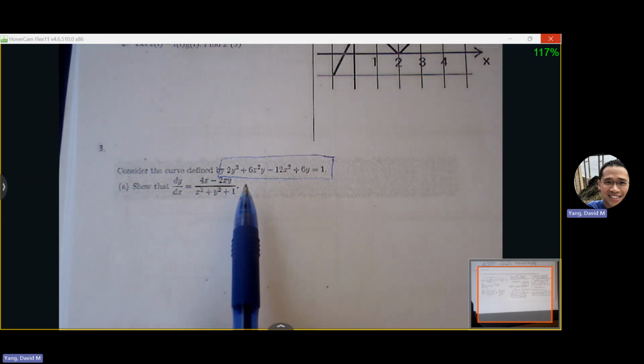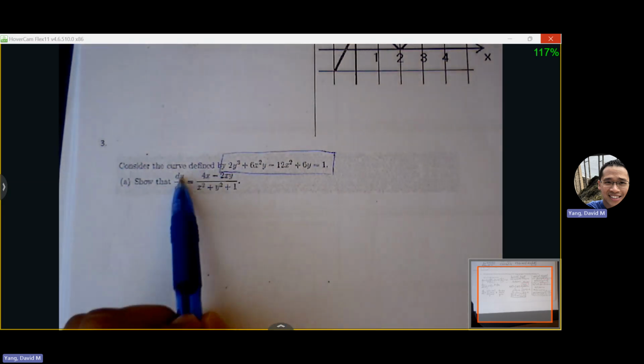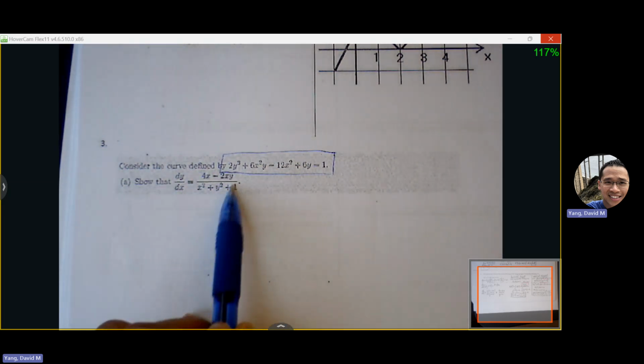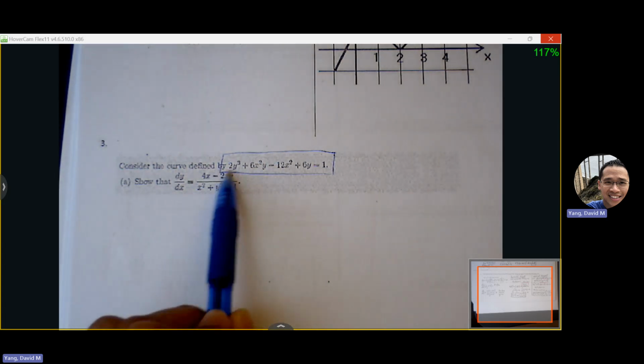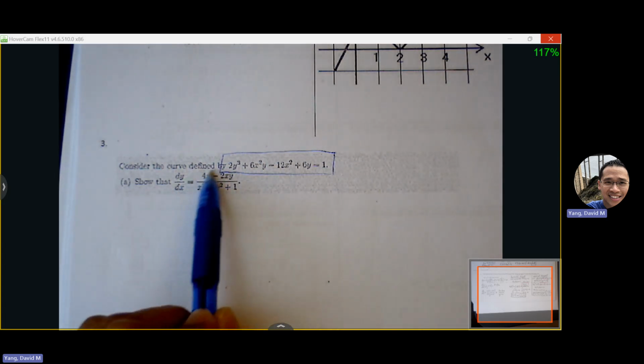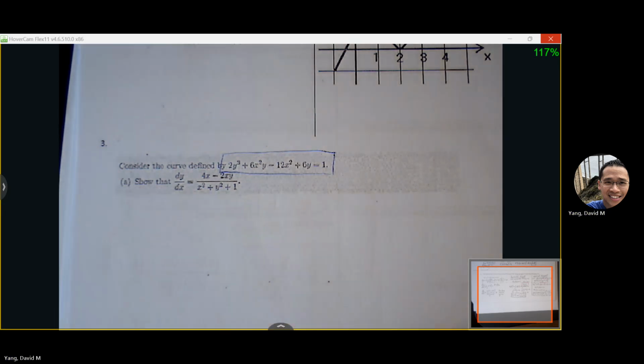Okay, what else do we have to involve here? Product rule. Yep, 6x squared y. There's definitely multiplication between variables. I have to go through product rule there. Okay, try that. And then your goal is to try to find this. This is your end goal. You're trying to get to this dy dx. So see if you can go through your steps and eventually work towards your goal, dy dx.